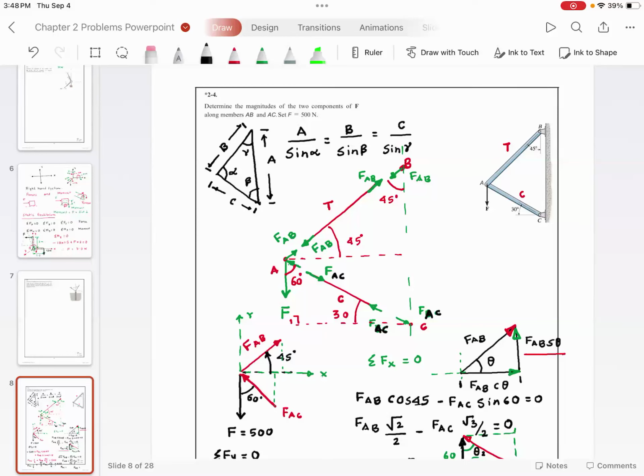If B is equal to C, this is going to be 45 degrees, this is going to be 45 degrees, and this guy is going to be 90 degrees.